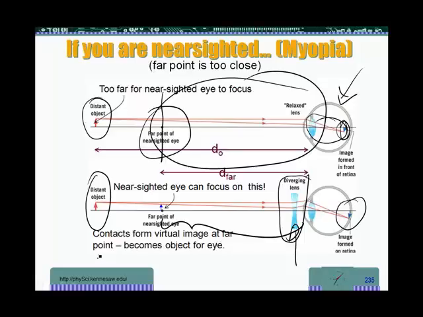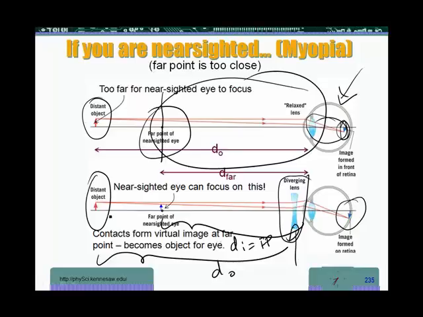So d_o for the diverging lens is going to be this. d_i for the diverging lens is going to be equal to the far point of the nearsighted eye. Of course, it's going to be negative, because the image and the object are on the same side of the lens.